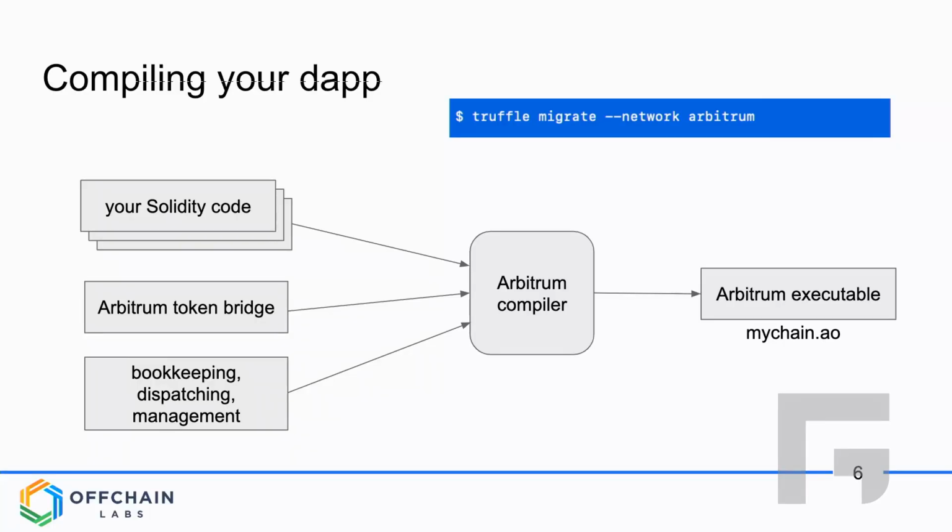We also provide, compiled into your code, a bunch of bookkeeping, dispatching, and management services. And the reason we do that, basically, is that some other solutions will do a certain amount of bookkeeping and management on-chain in the L1, in the master L1 contract. But we found that by moving some of those functions into L2, we can operate them at the efficiency and at the low cost of L2.